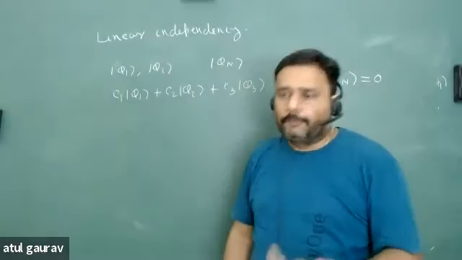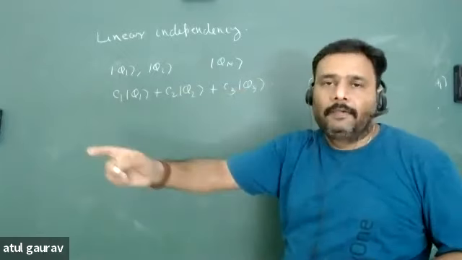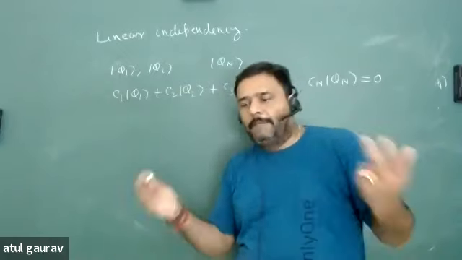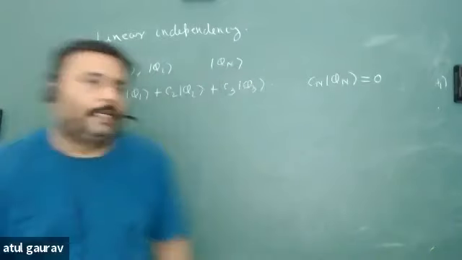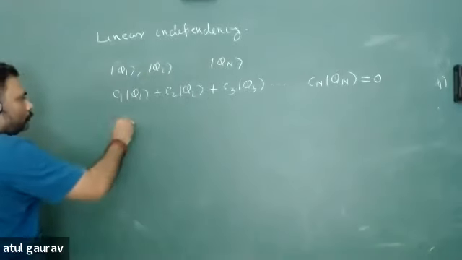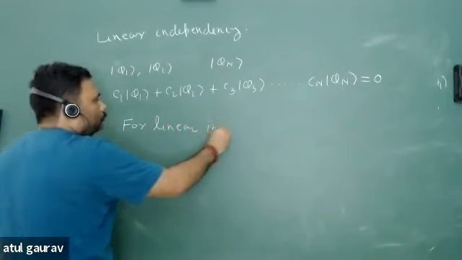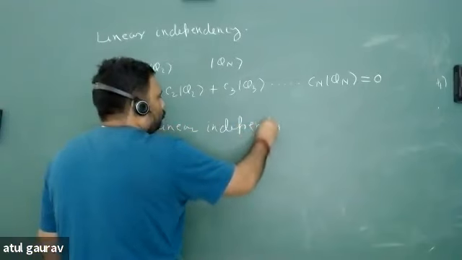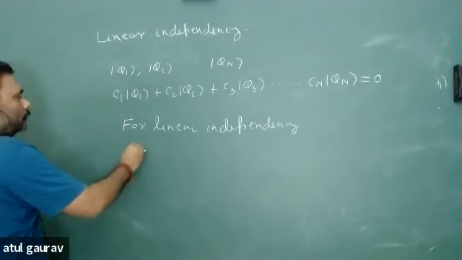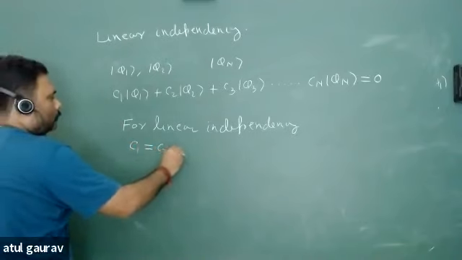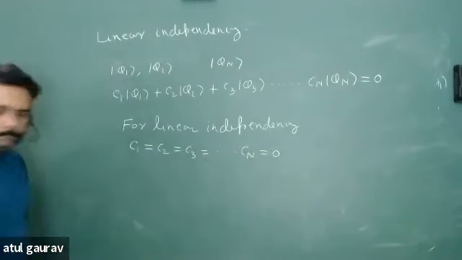In general, you can have an infinite number of solutions for C1, C2, C3, because you have only one equation and n variables. But for linear independency, there exists a unique solution: C1 is equal to C2 is equal to C3, all Cn must be equal to 0.